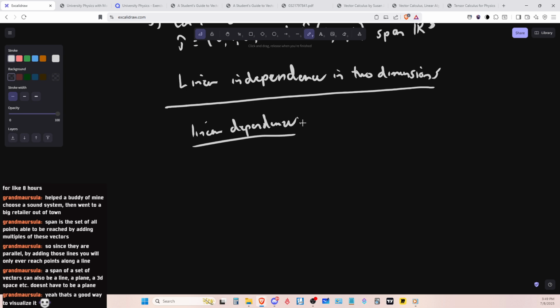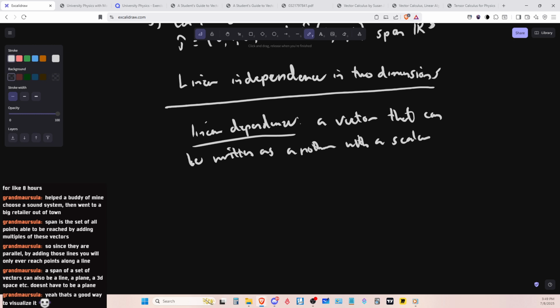Dependence, a vector that can be written as another vector with a scalar multiplied to it.